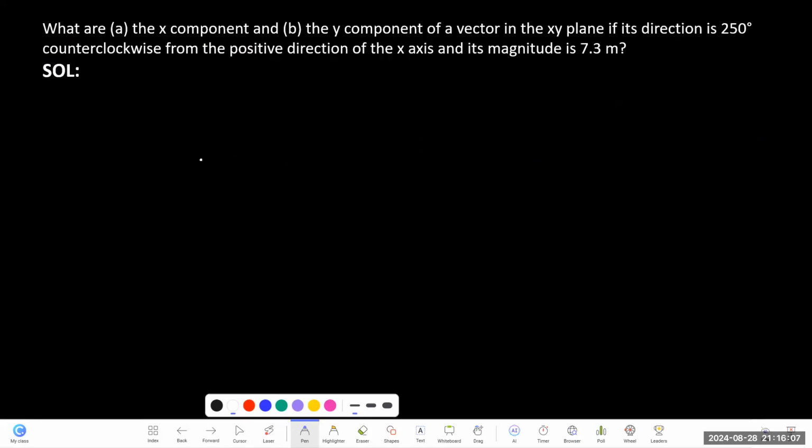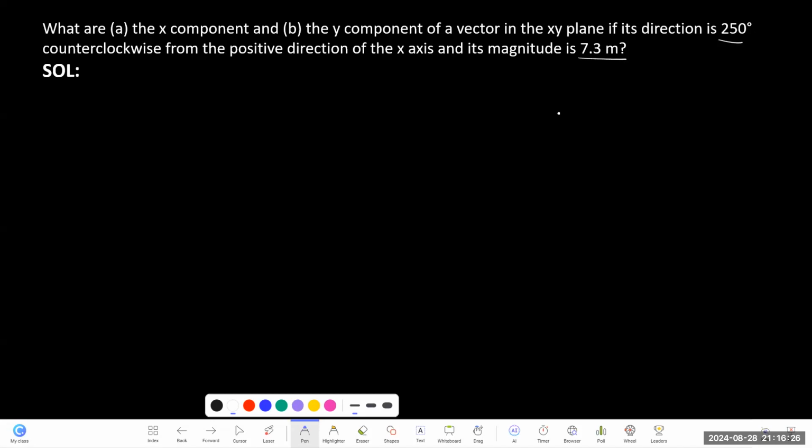Okay, let's take a look at another problem. What are the x component and y component of a vector in the xy plane if the direction is 250 degrees counterclockwise from the positive x direction and its magnitude is 7.3?